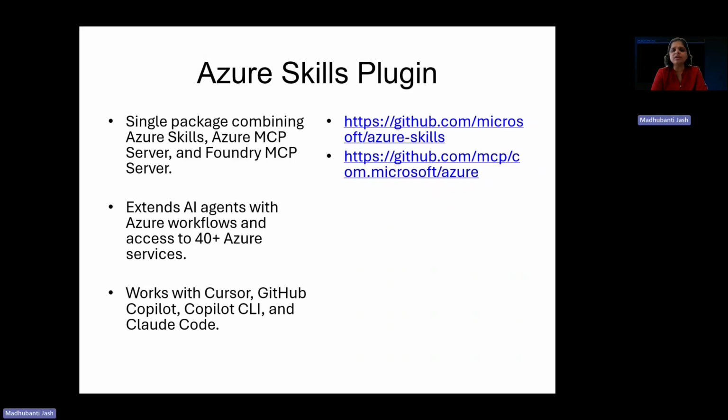It extends AI agents with Azure workflows and access to 40 plus Azure services. It can work with GitHub Copilot, Copilot CLI, Cursor, Claude Code, and some more. Let us see how to install it and go through a demo.